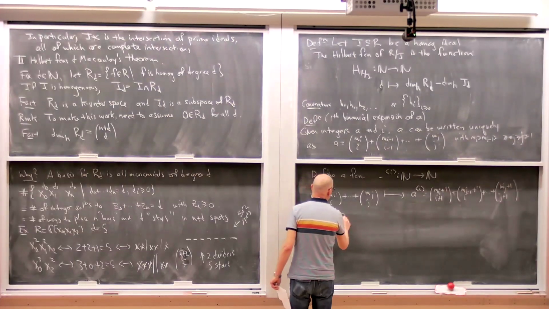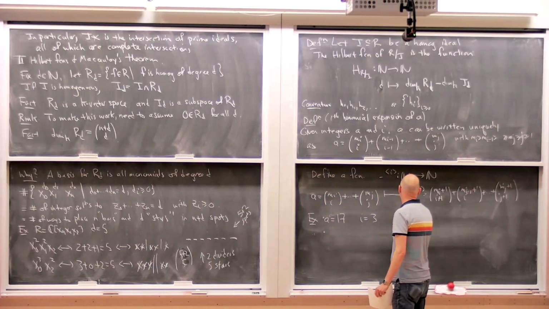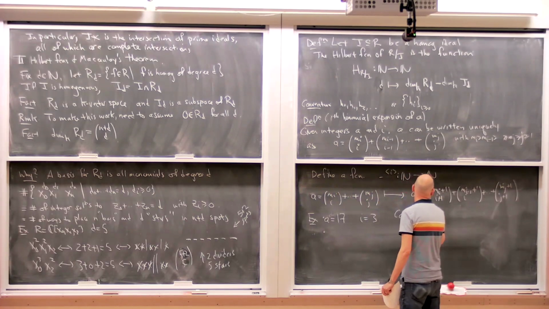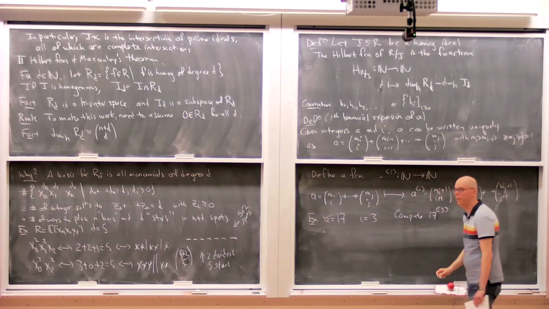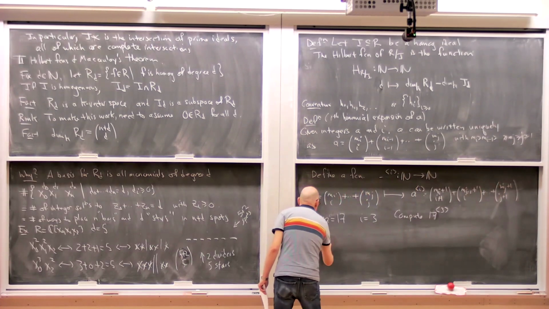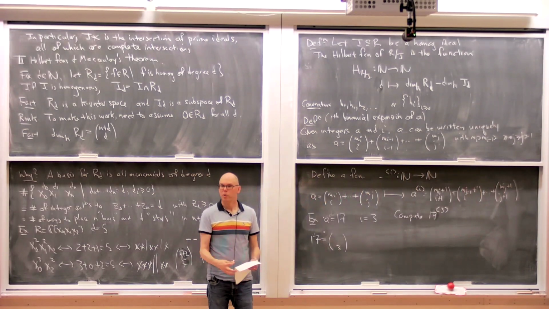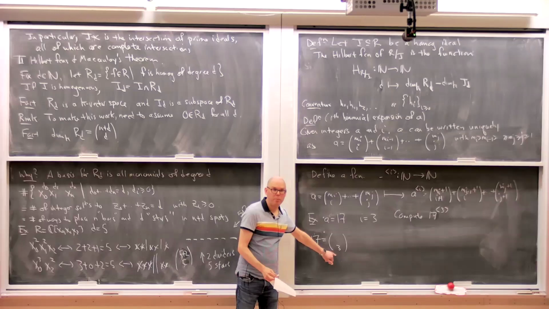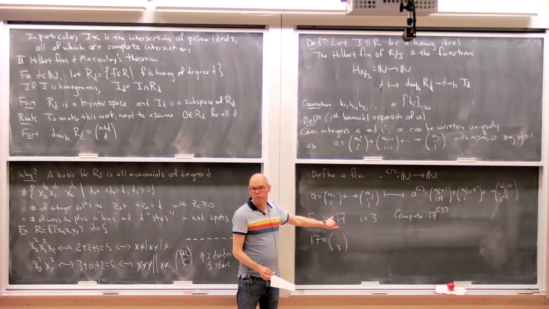So if I take a is 17 and i is equal to 3, and I want to compute 17 upper 3, what is that? Okay, so you take your 17, and you want to write it as a sum of binomial coefficients, where the first binomial coefficient has a 3 at the bottom. And the way you do this is you pick the largest number you can without going over 17.